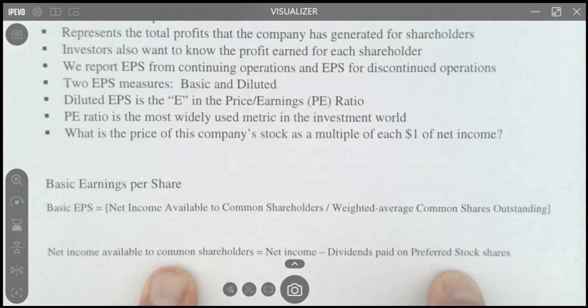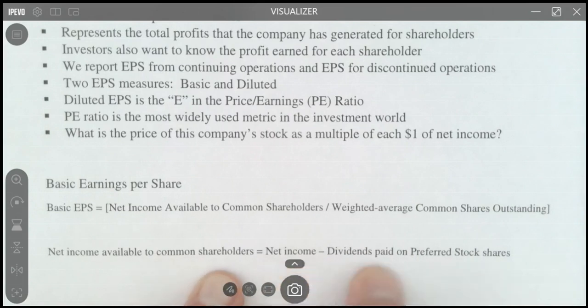And it begs the question, preferred as to what? They're preferred as to dividends. The reason they're called preferred shares is when dividends are paid, the preferred shareholders get the dividends before any common shareholders. That's why we break it out here. You're going to learn a lot more about that in finance courses and in accounting courses. So just keep that in mind.